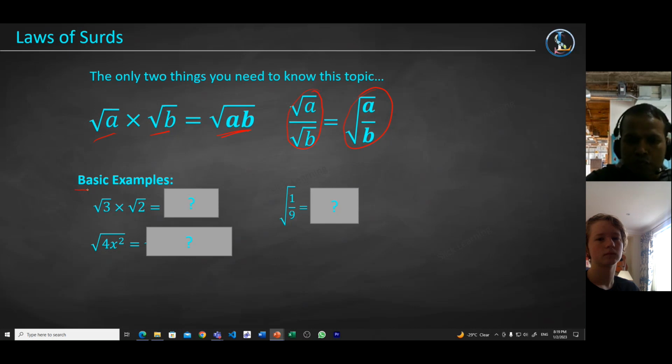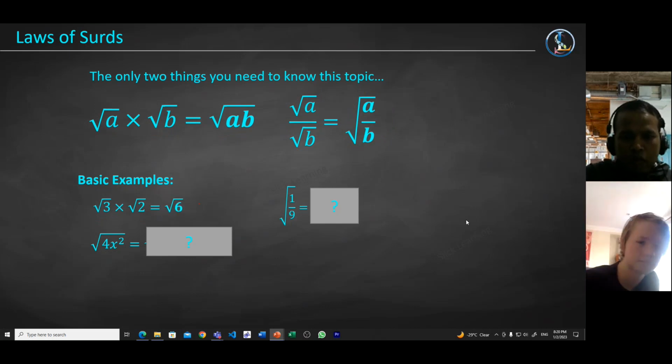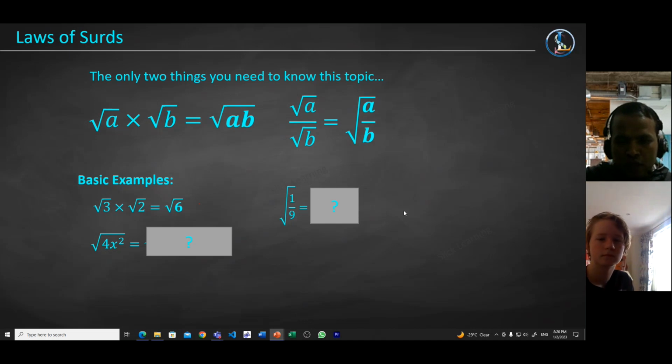So if we apply these rules to simplify, how much is square root 3 multiplied by square root 2? That's square root 6. How about square root 1 over 9?